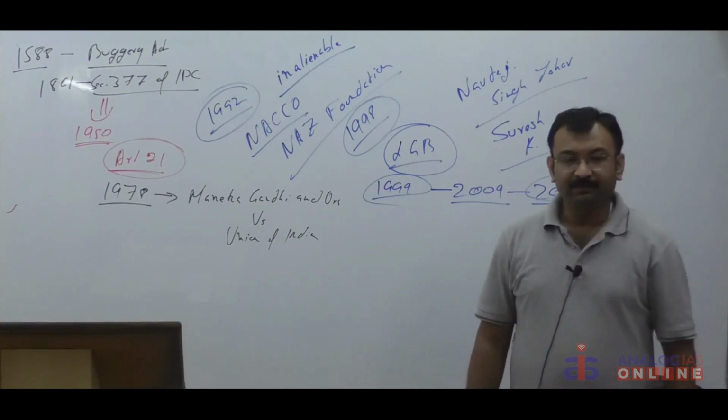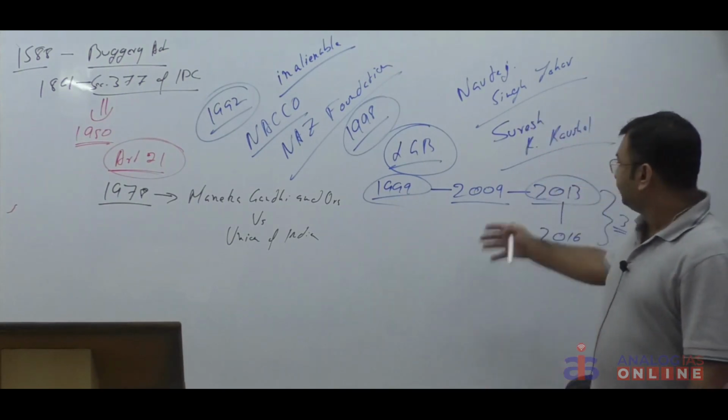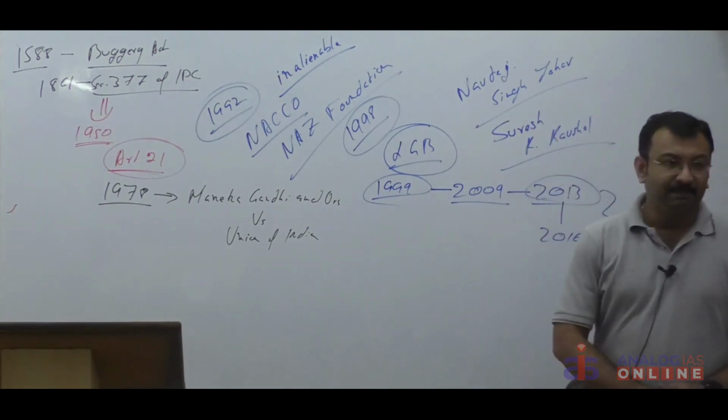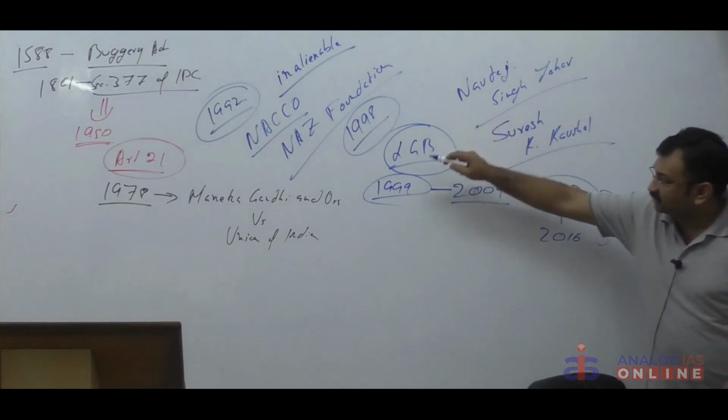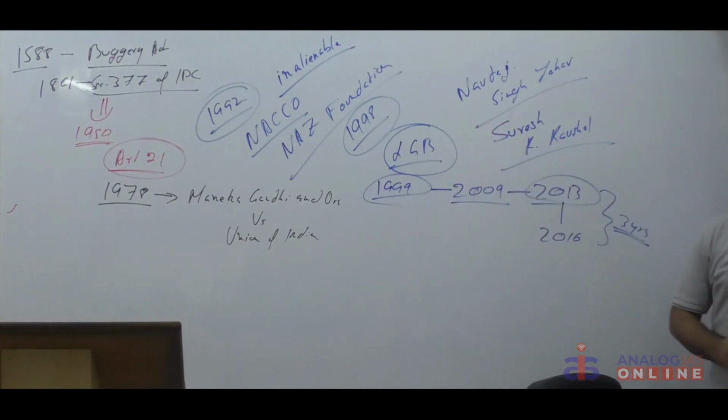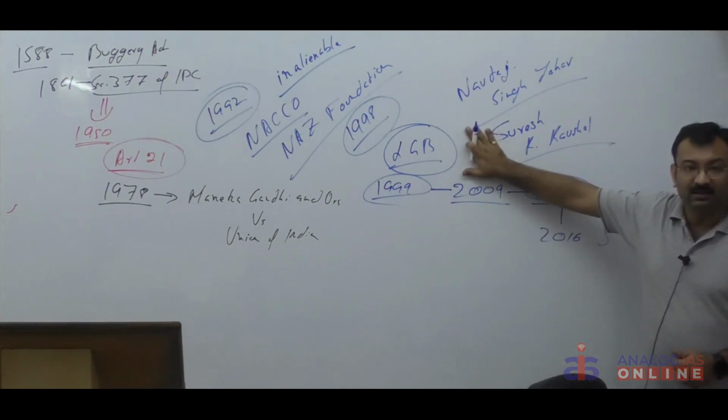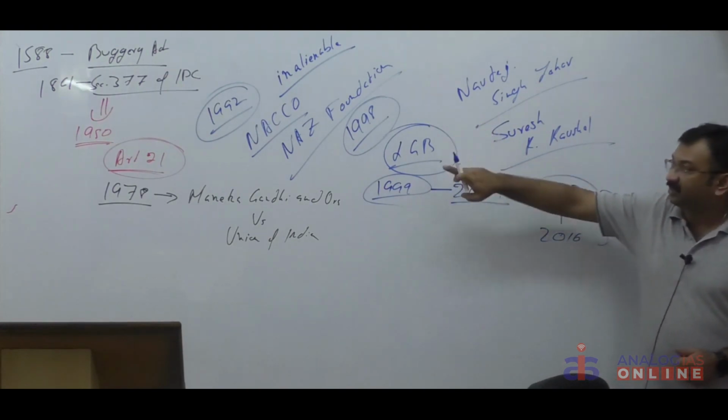And what is happening? Just because our MPs, our members of parliament, didn't find it right, didn't find it proper, a section within the society is devoid of that right.